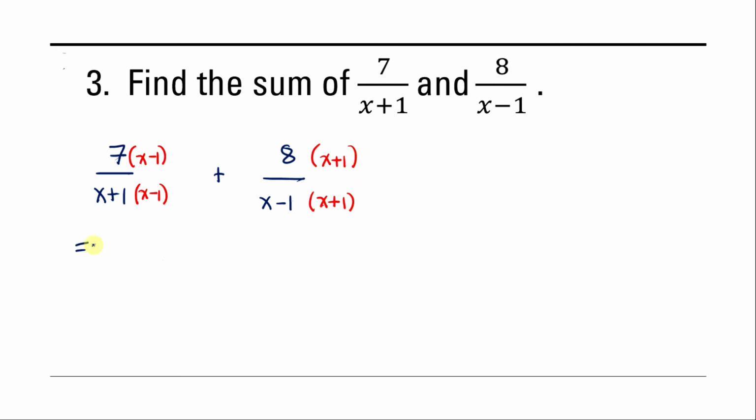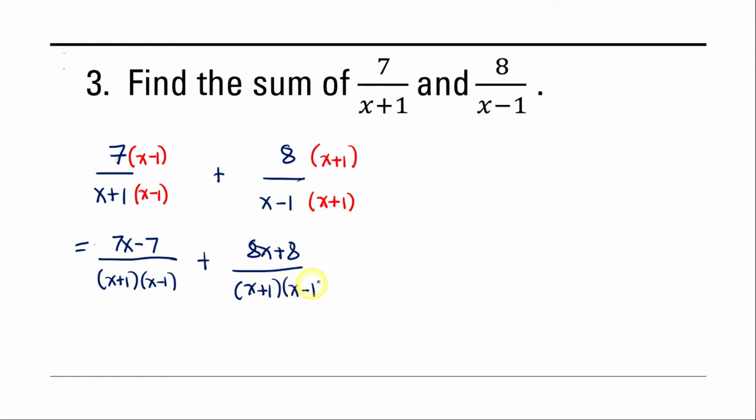So, multiply natin 7 times x minus 1. Distribute natin siya, so that will become 7x minus 7 over x plus 1 times x minus 1. Plus, multiply natin yung 8 sa x plus 1, that is 8x plus 8 over x plus 1 times x minus 1.